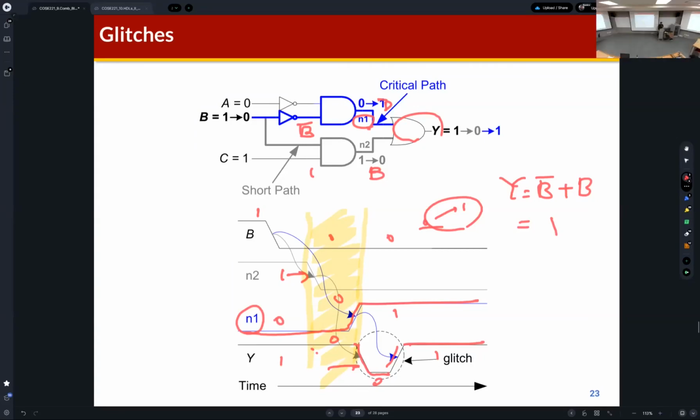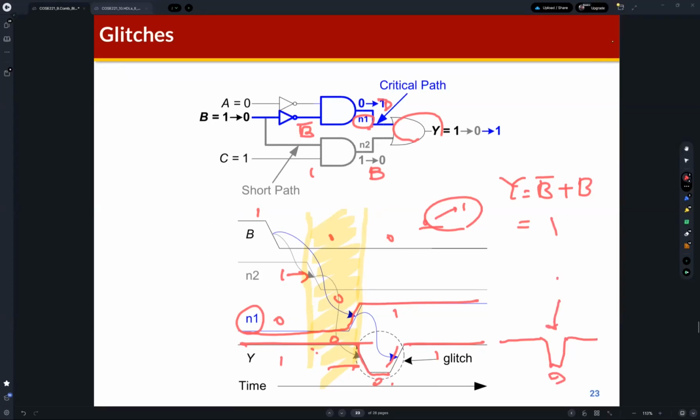But in a real circuit, because of the different delays, you can observe that the value of Y is changing like this. So like 1, 0, 1. We can observe a very short change in this Y. And then this is called a glitch.